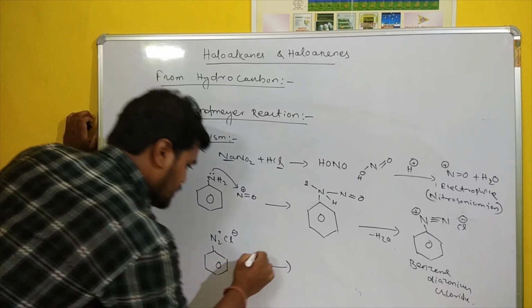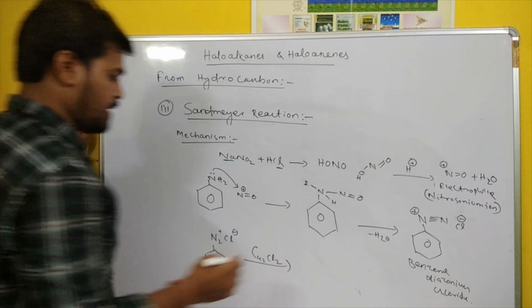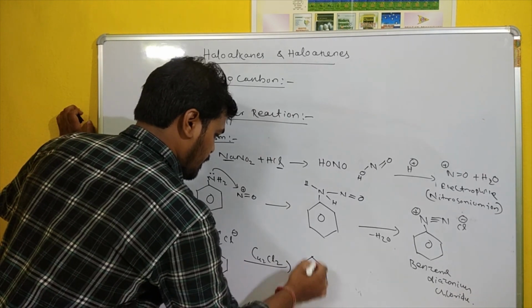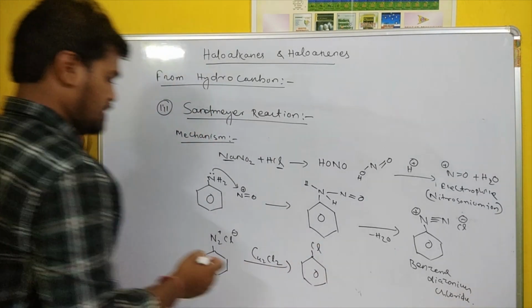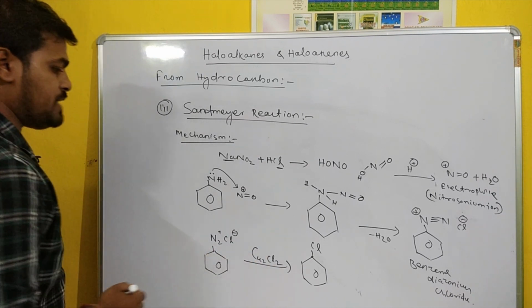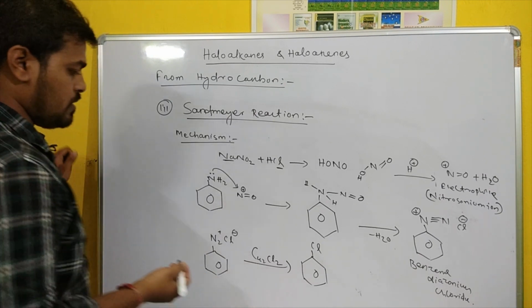when reacted with cuprous chloride, gives chlorobenzene. In place of cuprous chloride, if you take cuprous bromide, we also get bromobenzene.